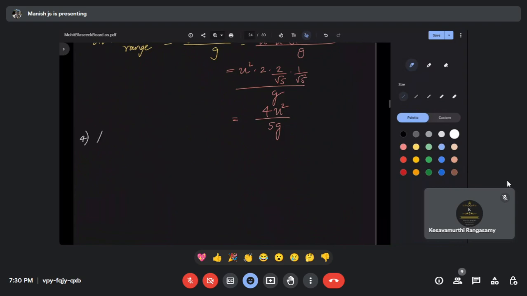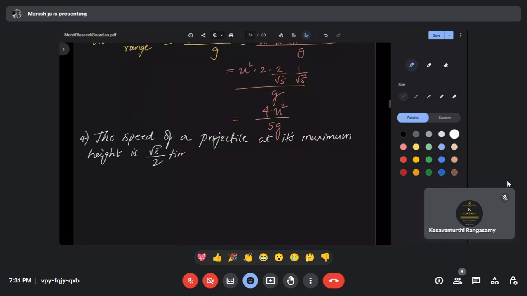The speed of a projectile at its maximum height is root 3 upon 2 times its initial speed.